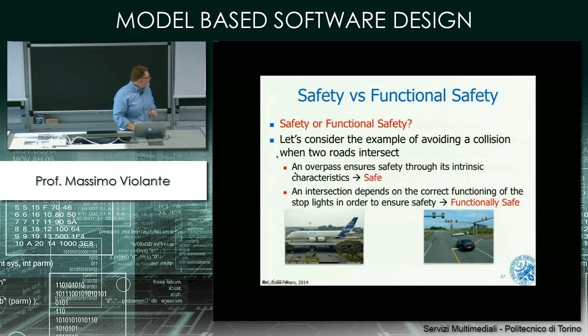Think about this scenario. This is an overpass, okay? We have two roads that intersect. We have a road here that is used by the airplanes to go to the terminal after landing. And then we have another road here that is used by the cars circulating around the airport, okay?